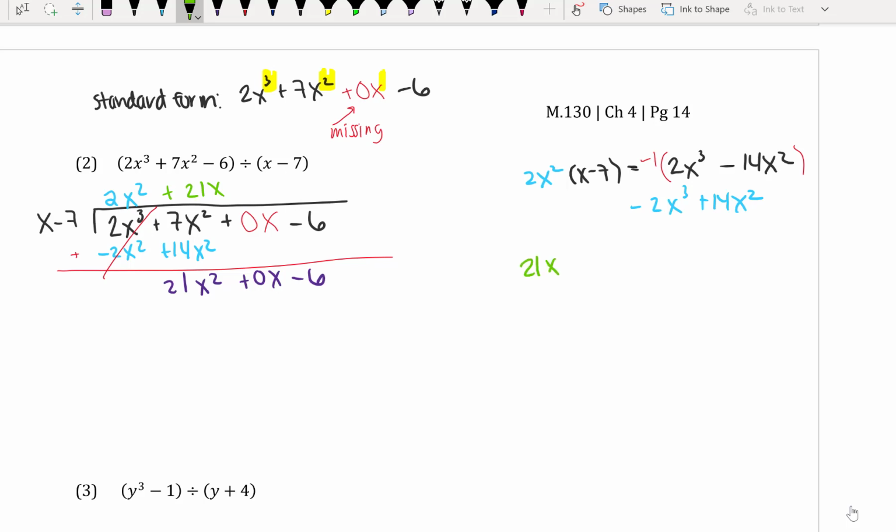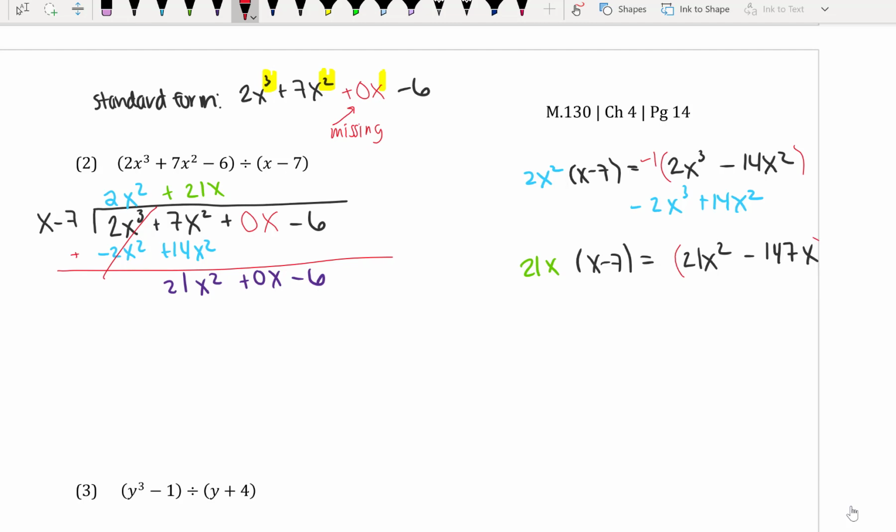So that I have 21x, that's going to be multiplied by my x minus 7. We end up with a 21x squared minus, and 21 times 7 is a 147, and I can't forget about that x.